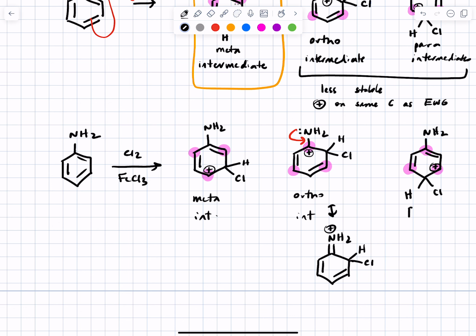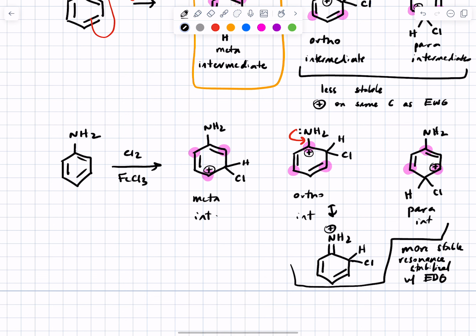So the ortho intermediate and the para intermediate are going to be more stable because they are more resonance stabilized with the electron donating group.